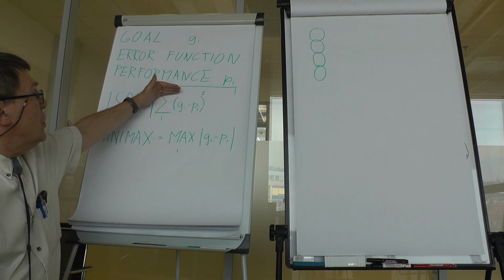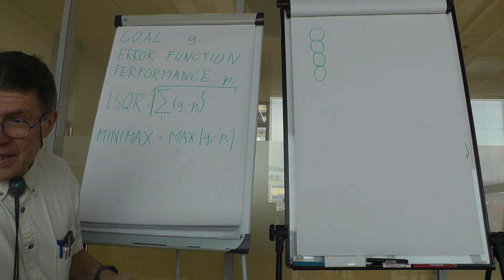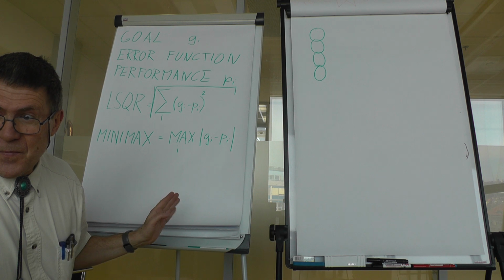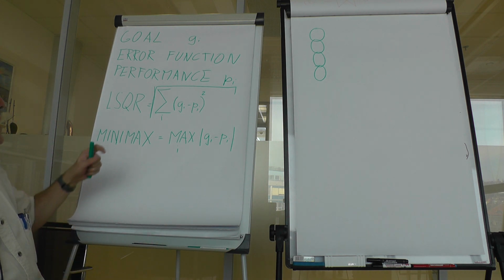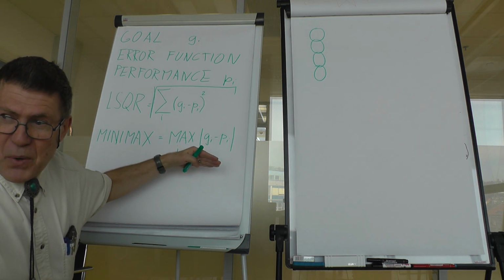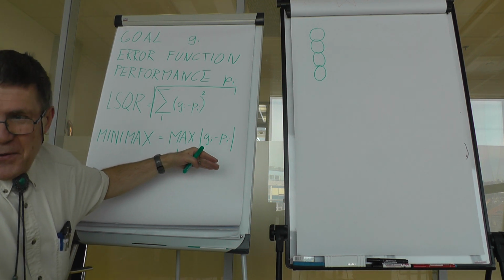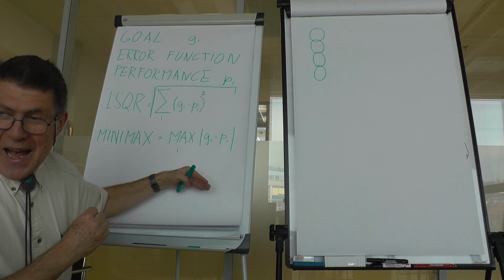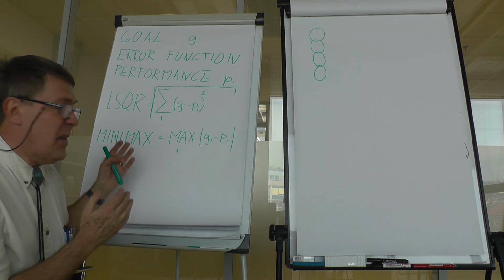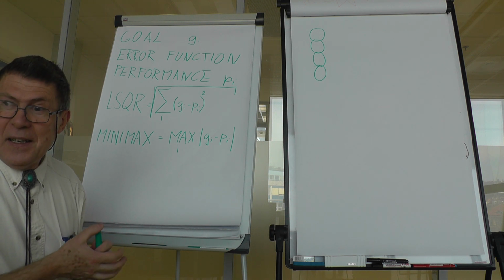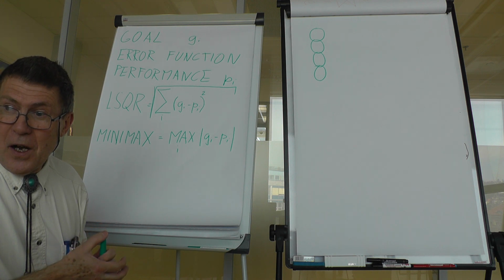So those are the two main formulations of an error function. An error function assigns a number of imperfectness to any solution, and giving this function you specify how to find the optimum.